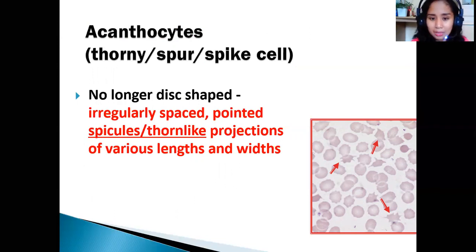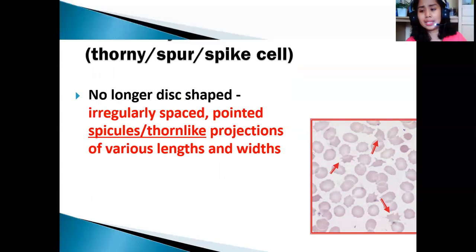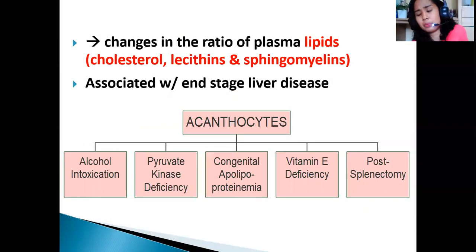Mas mahaba, iba-iba, pangkanto. So, that's acanthocytes. Lahat ng A has acanthocytes: abetalipoproteinemia, alcoholism. So, class, like in the previous slides, acanthocytes is affected by the presence of lipids, of cholesterol.